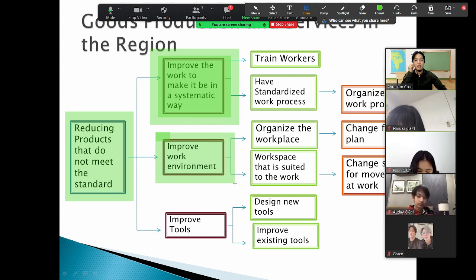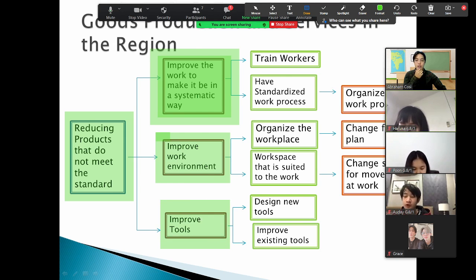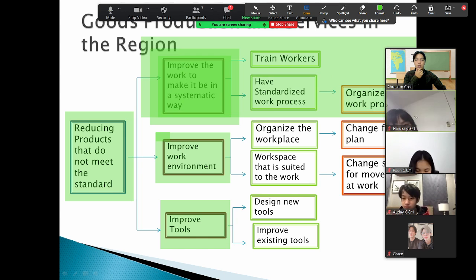Next one, we have to improve the work environment, and next, we have to improve tools. Here under improve work to make it be in a systematic way, first we need to train workers, train them on how we do the process.